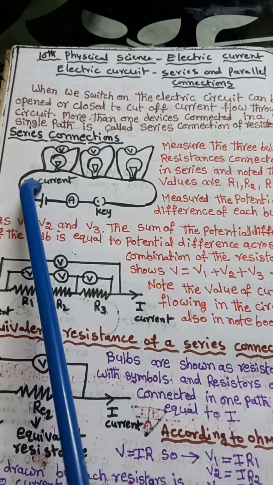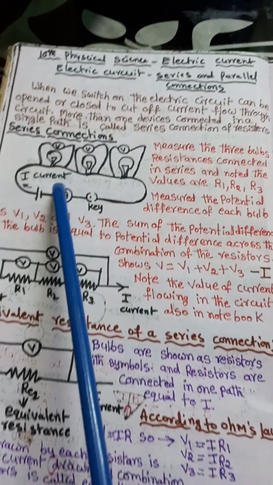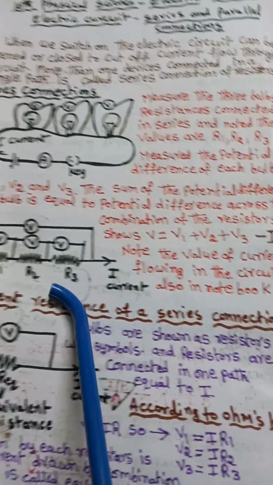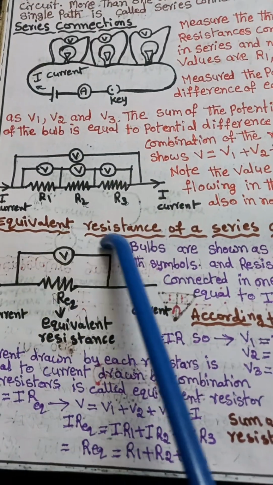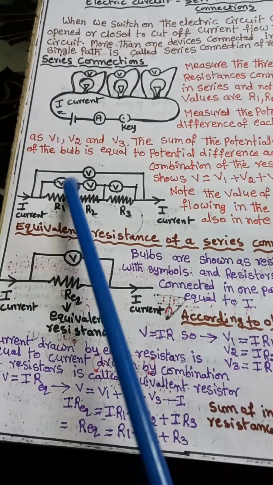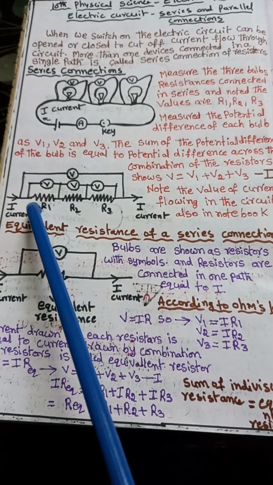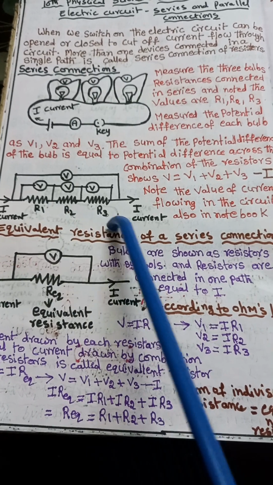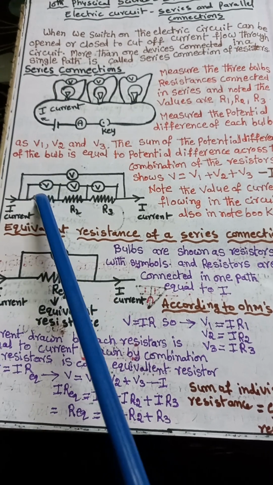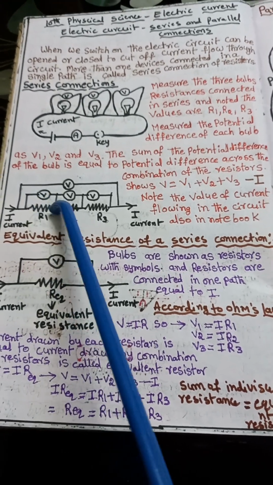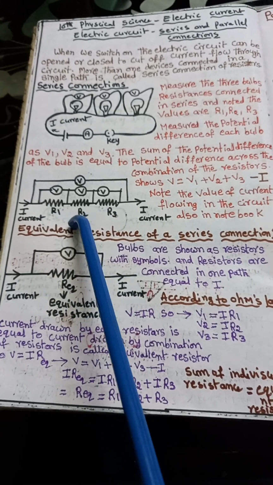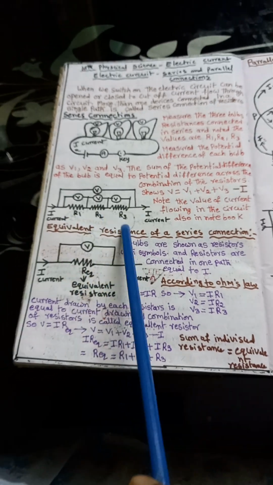So the current passing through these lights is constant. Equivalent resistance of a series connection. Here the lights are indicated by these resistances, with potential differences V1, V2, V3 and resistances R1, R2, R3. I is constant.